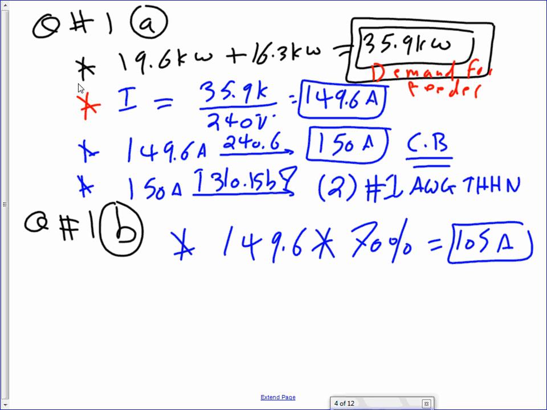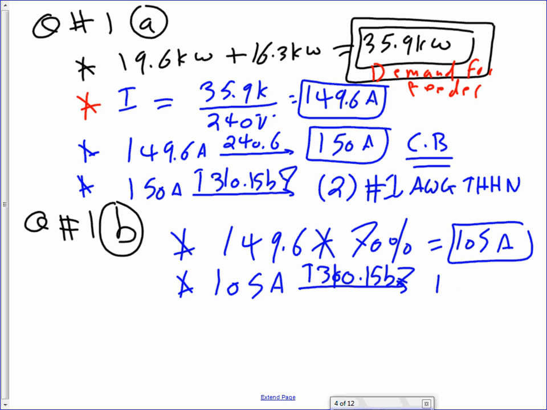Then you take your 105 amps to table 310.15 B7. Take this one, guys, to 310.15 B7, 105. For my neutral, that'll give me number 3.